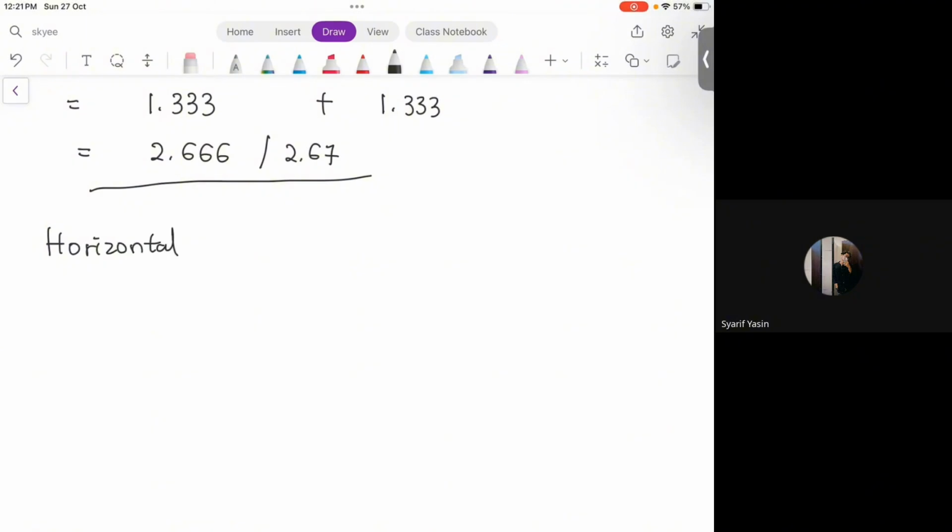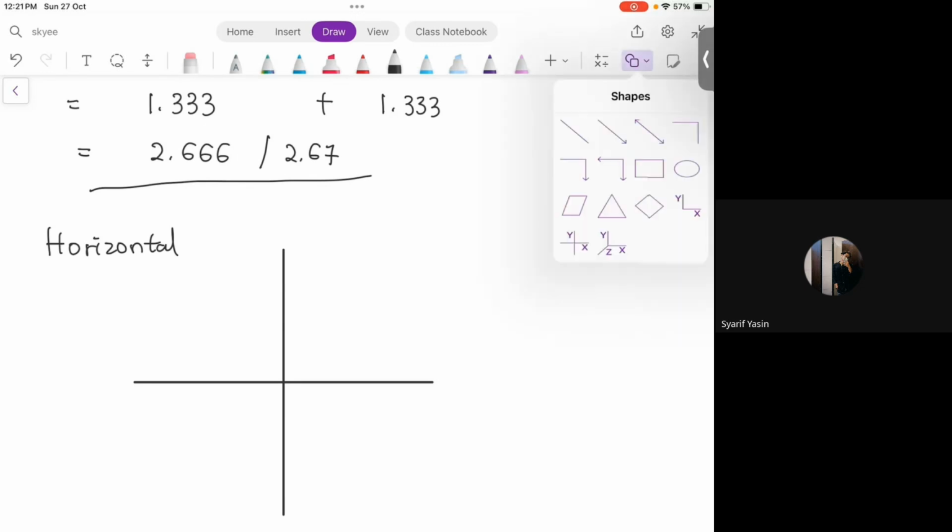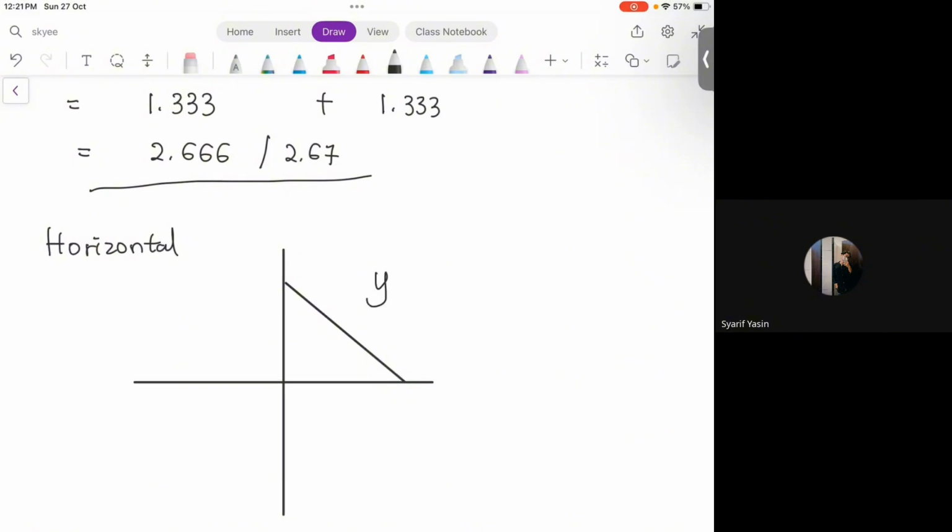I will draw again the triangle. Okay, so I will have a line, and my equation is y equals negative x plus 2. This is 2, this is 2, and this is 0. Exactly the same triangle.